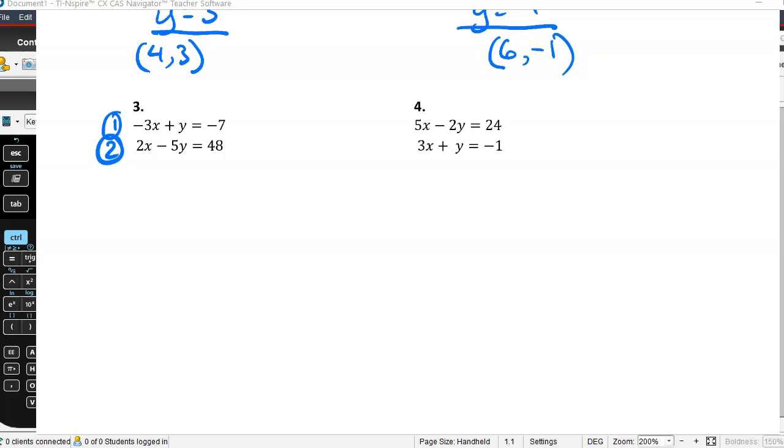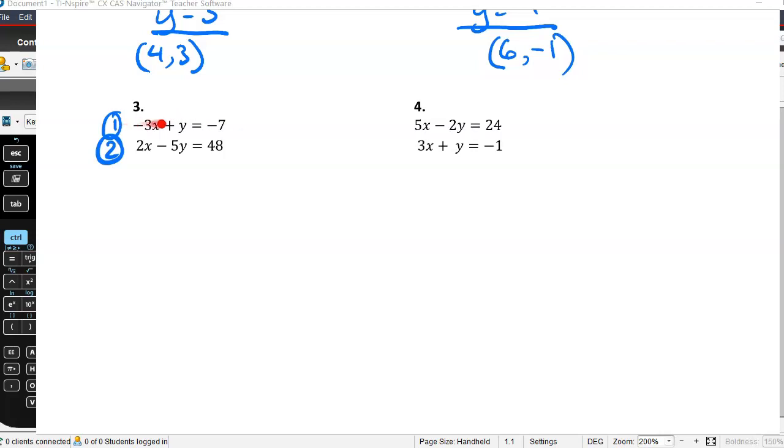So looking at these, I want the coefficients of at least one of these, either x or y, to be the same, so I can then eliminate it. If I want the x's to be the same, I'd have to times equation 2 by 3 and equation 1 by 2, so that's 2 steps.